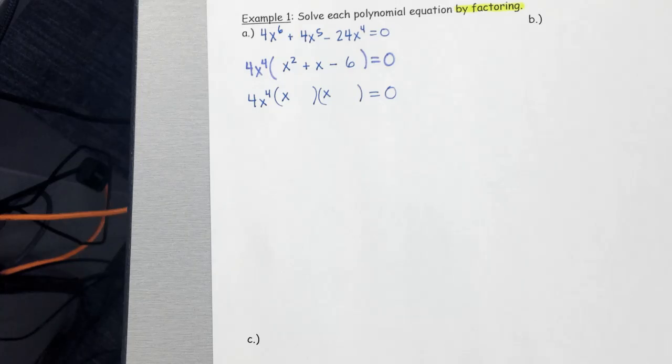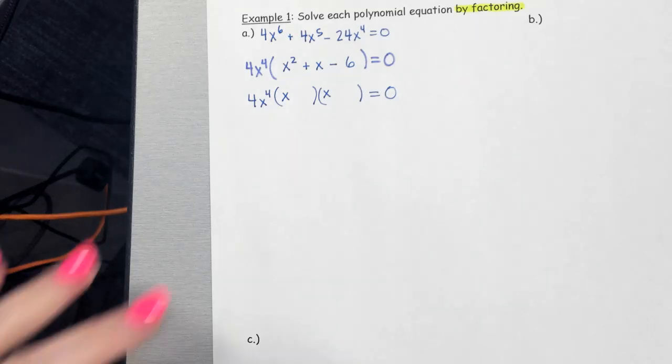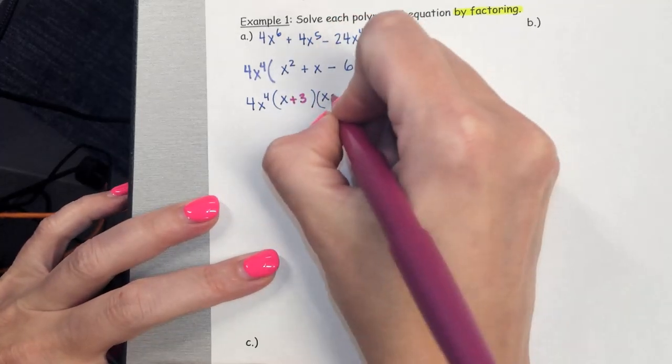Okay, and then tell what you get for your factoring. Nice work. X plus 3, x minus 2.